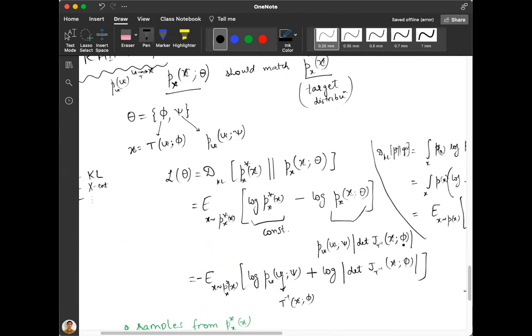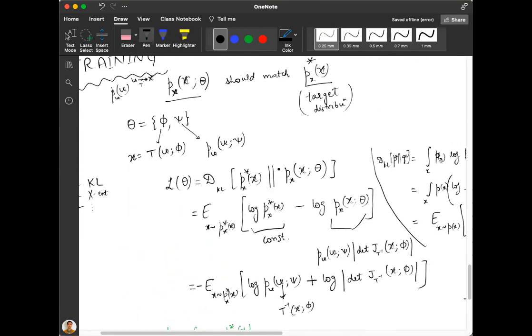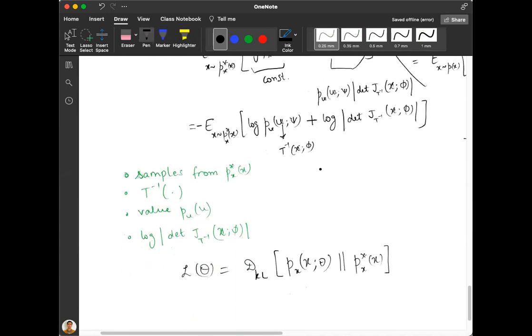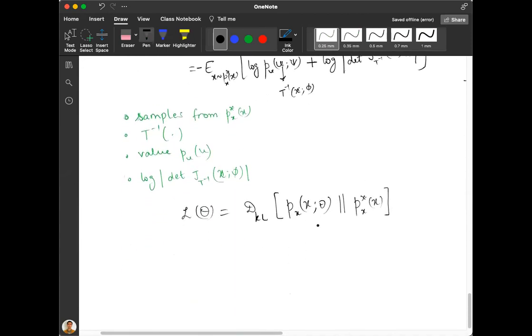I just took the other form. Basically, instead of P star with P, I'm doing P with P star, right? So it should not be any new thing for you. Let's try to expand it and see what we are getting.